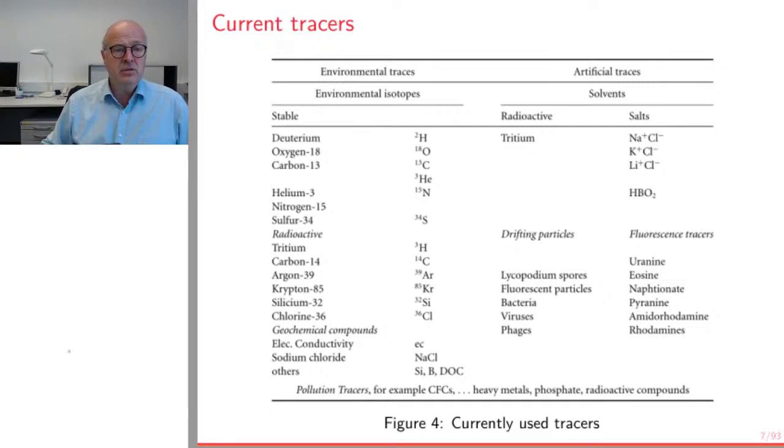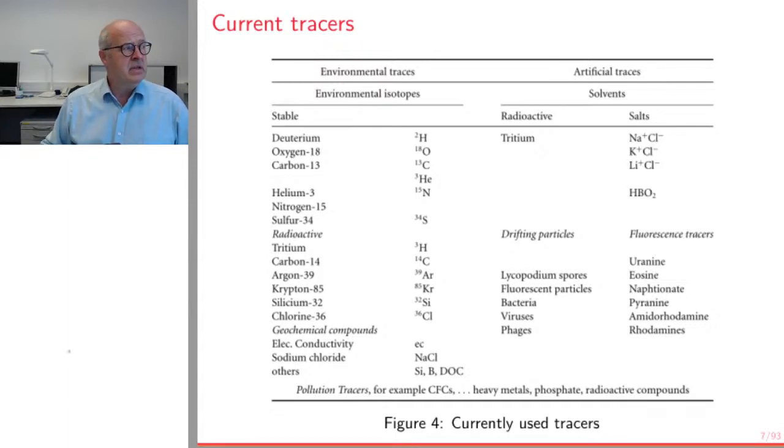And there is a lot of societal concern about tritium because it's a radioactive substance. So although tritium is a perfect tracer, it behaves exactly like water and it's very easy to detect. It has many advantages. It is not popular to apply tritium at all.